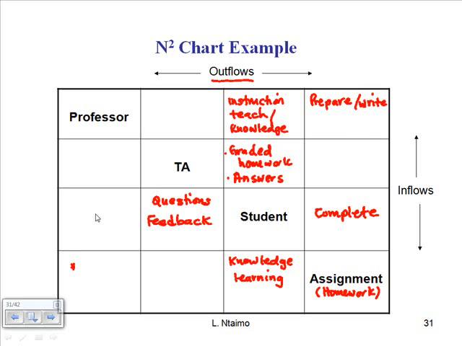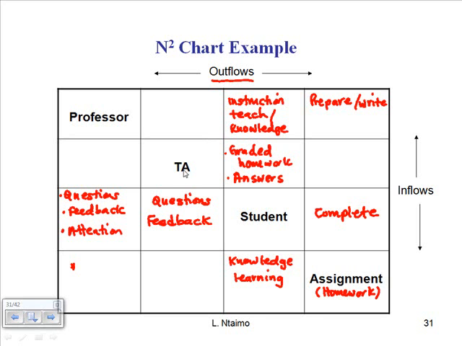The student can ask questions. The students can provide feedback on how the professor is doing. The students can also give the professor some attention. Right?